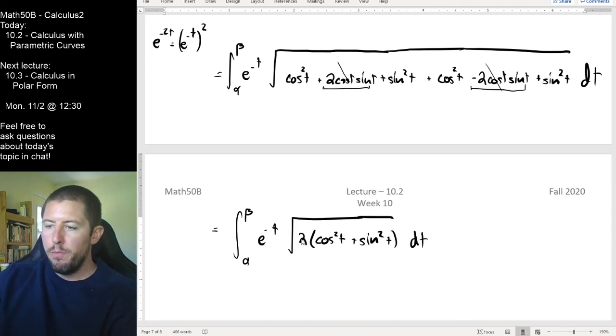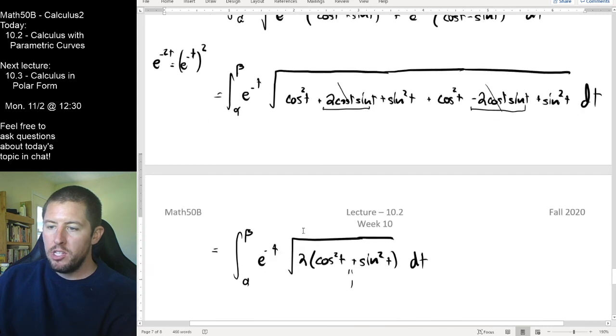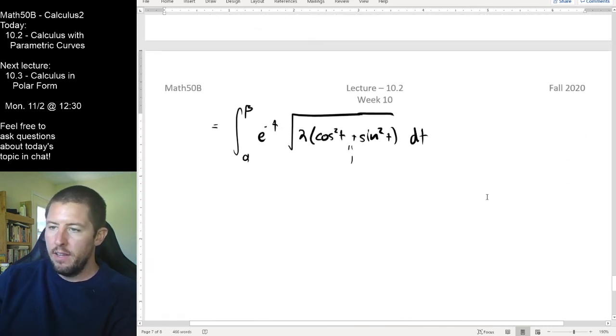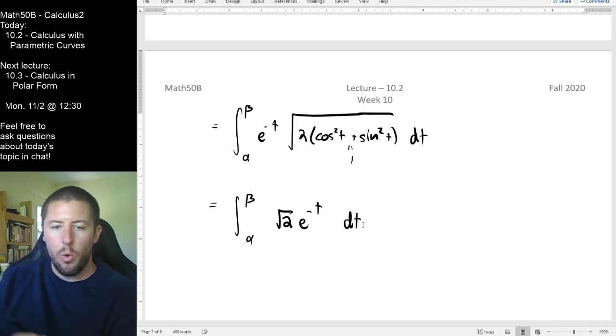I factored out the 2, and we know that this is literally just 1. This entire square root turned out to be just e to the negative t times root 2. And that was it. That worked out nicer than we could have expected. Holy cow. Alpha, beta. It looks like this is just root 2 e to the negative t. That's all we're getting for the arc length of this spiral right here, which is super cool.